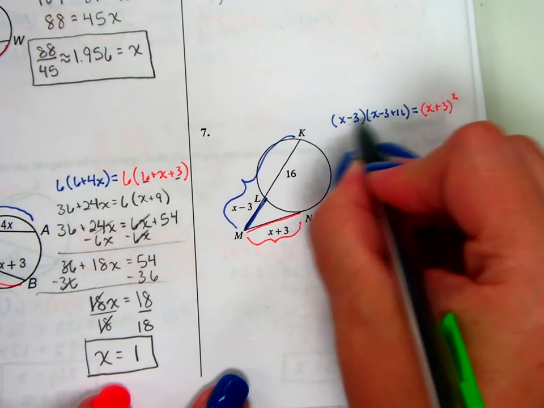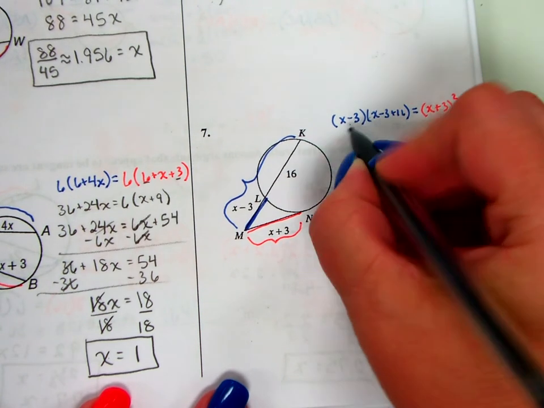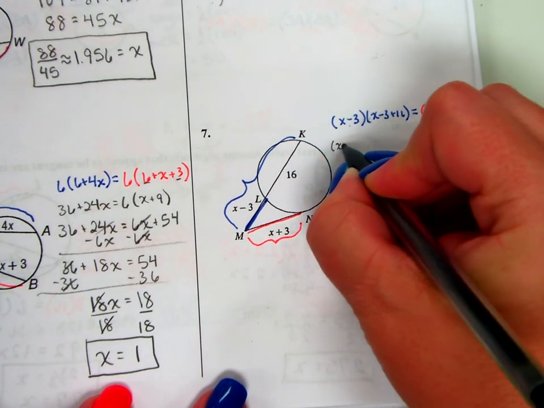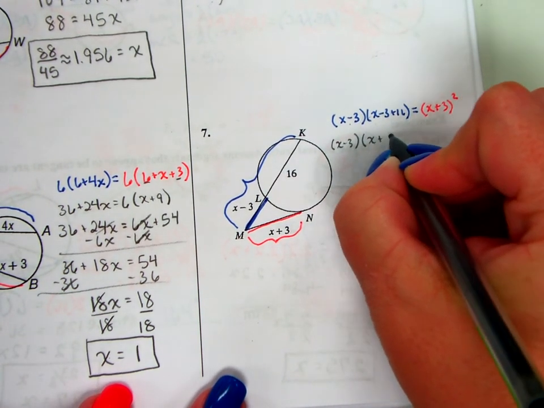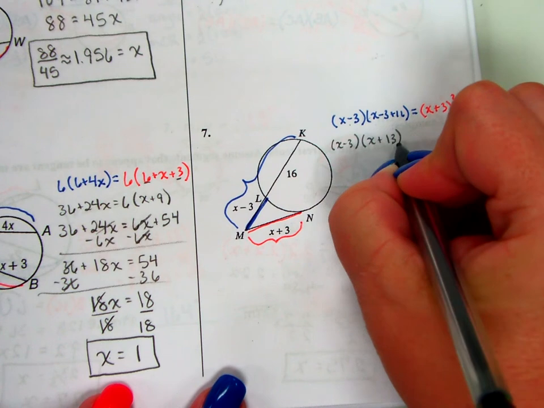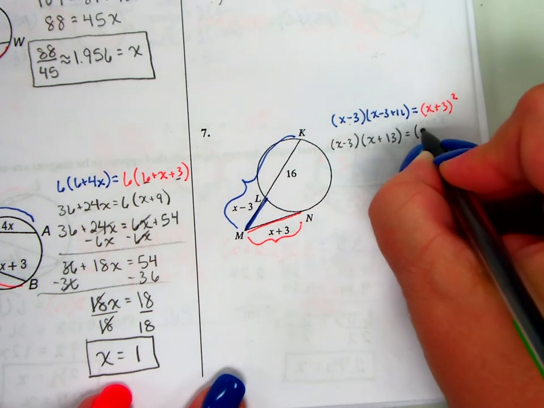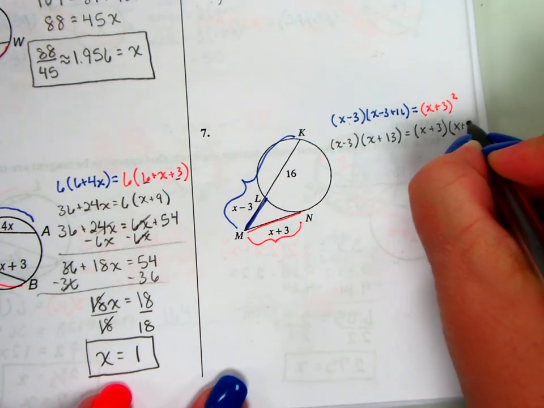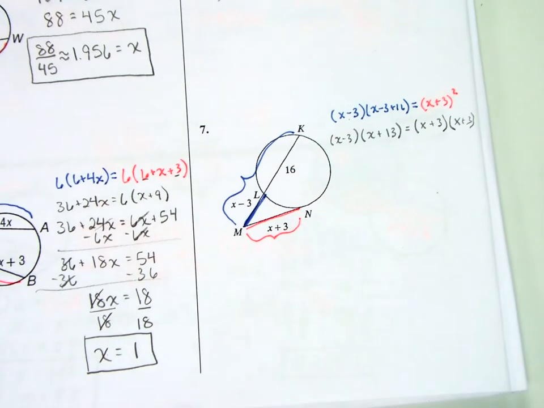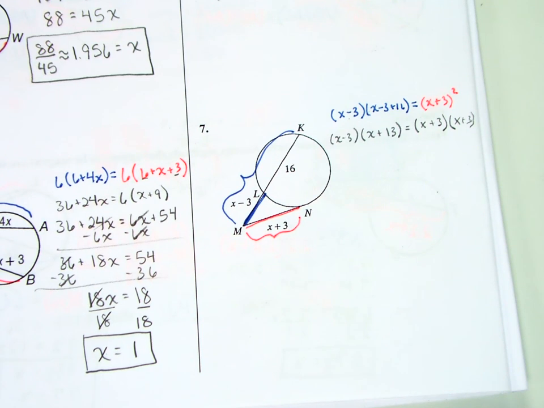Okay? All right, I'm going to first start by combining my like terms in this second little piece. I'm going to have x minus 3, x plus 13 equals. I am going to go ahead and write this out because it might be easier to double distribute. If you don't want to double distribute, if you remember the box method, you can do the box method. Does anybody want to see the box method in case you forgot it?